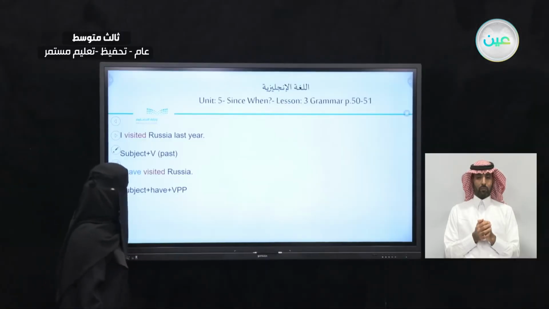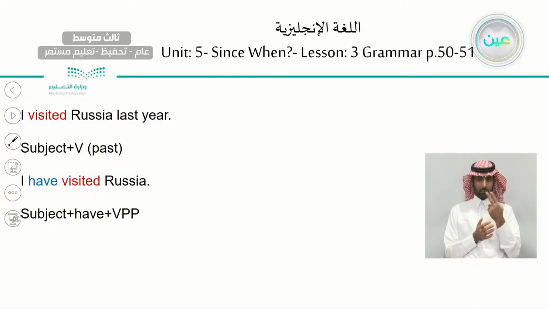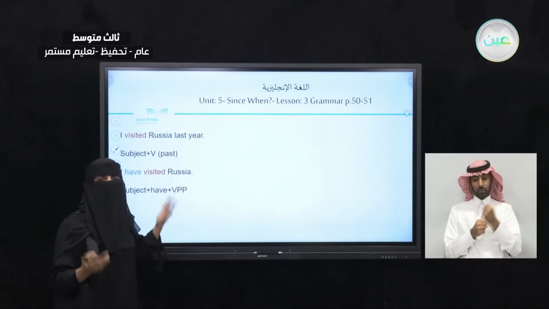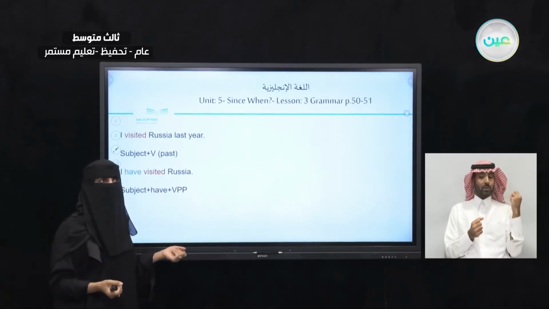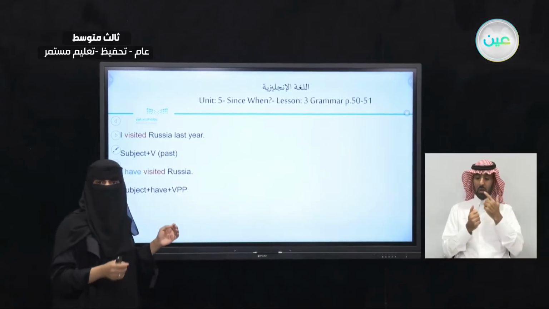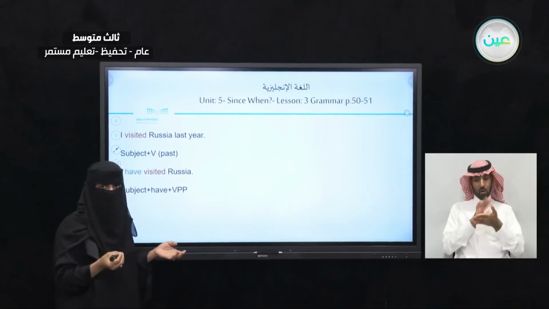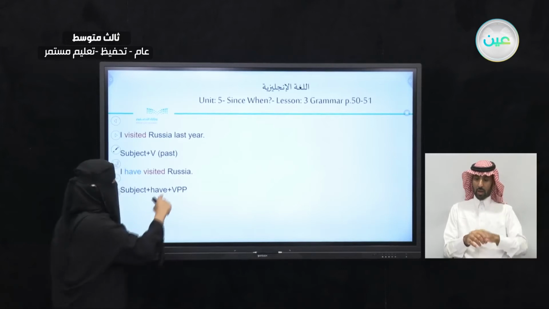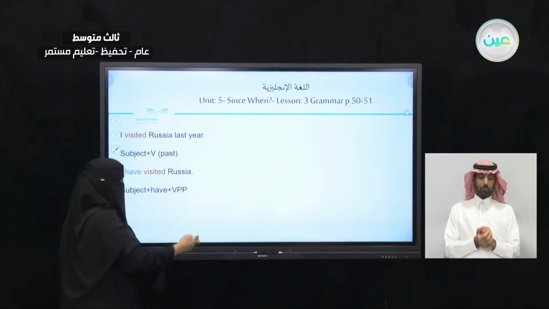Okay, as we said, in the first sentence it's a past tense. We use the past tense because we have last year. When I tell you last year, yesterday, I ate yesterday, I visited my family last week, you know when I visited them, right?